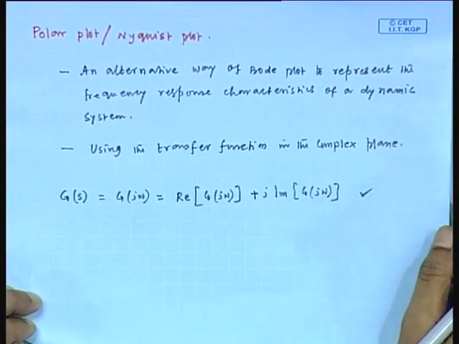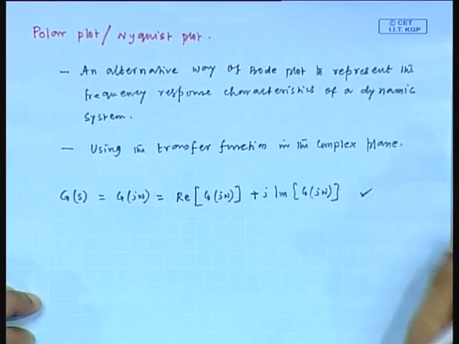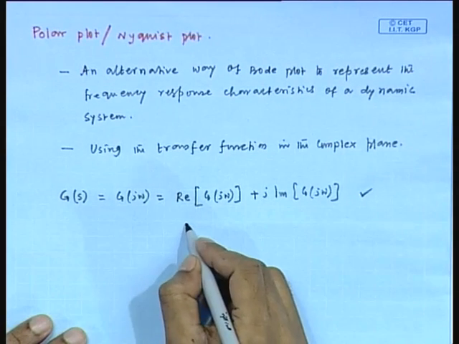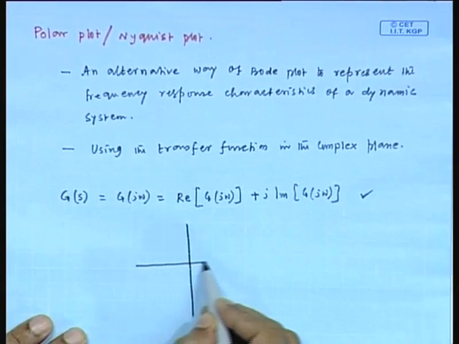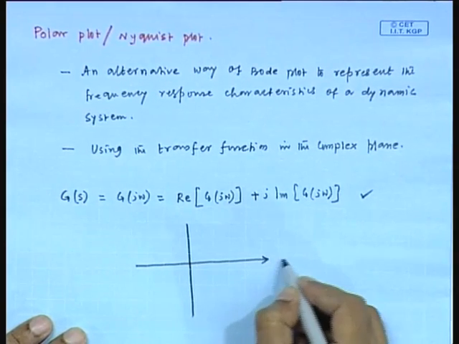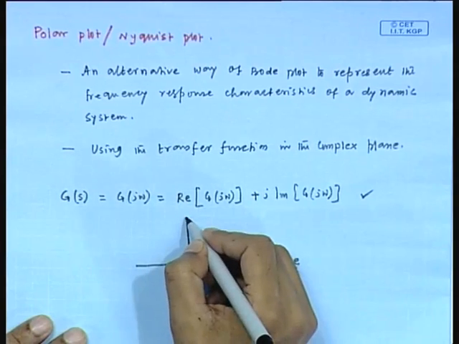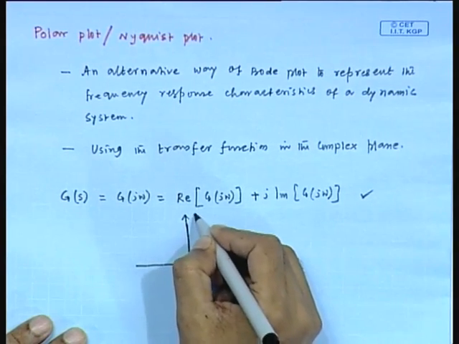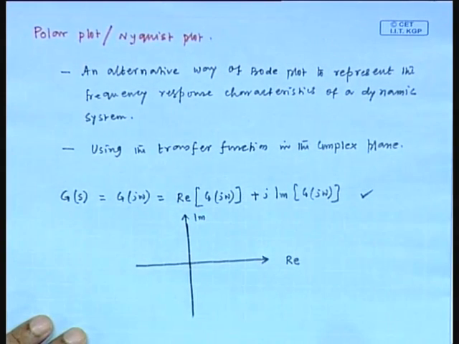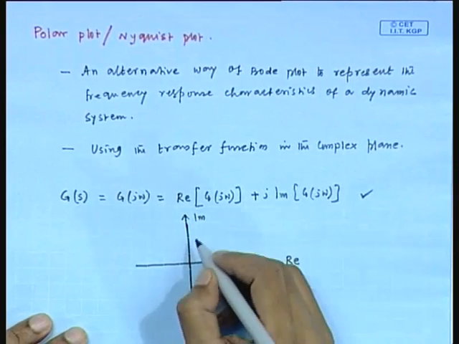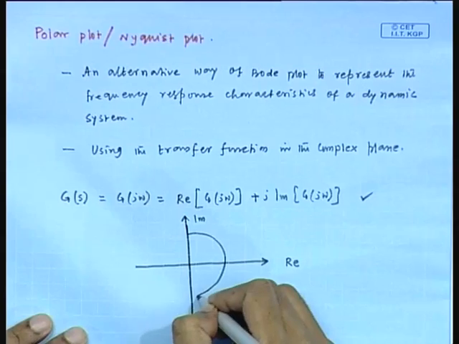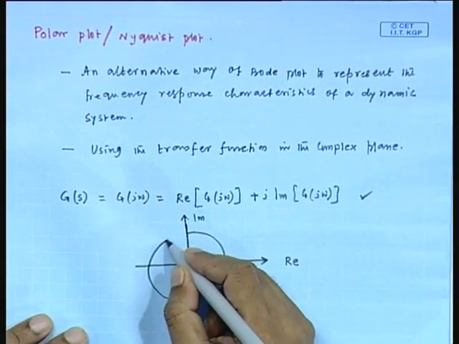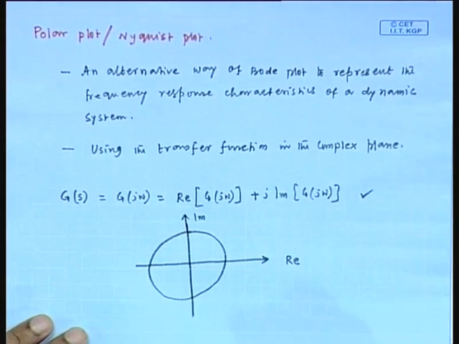Now, we will produce one plot in the complex plane. So, this is real axis, this is imaginary axis. And this is a unit circle which has the radius of 1.